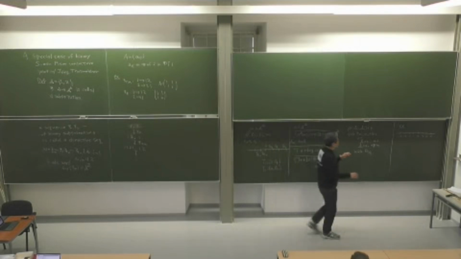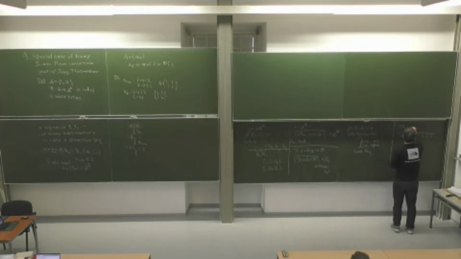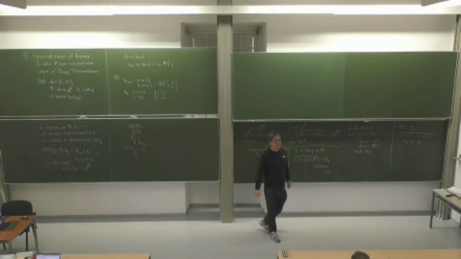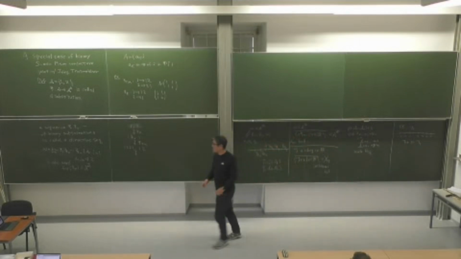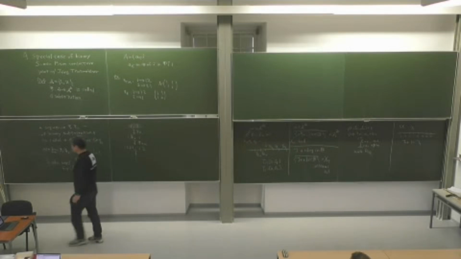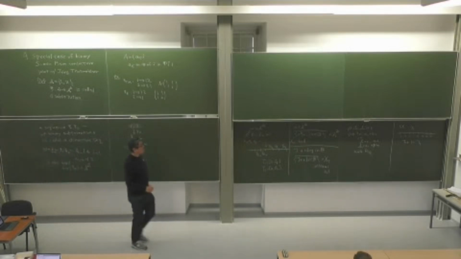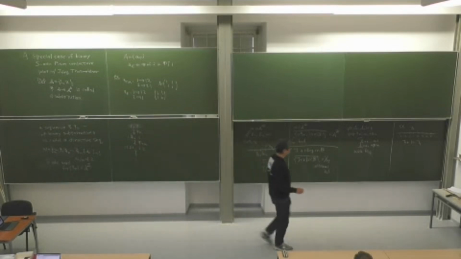So if this is T1, then T1 plus 1 is T1. Shift everything by 1, then we get the original tiling. So the orbit of this tiling is a unit circle, or something like this.